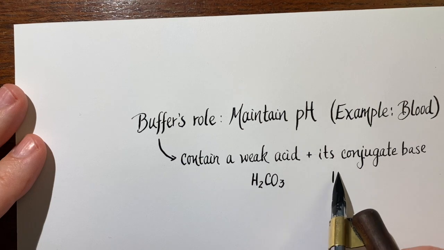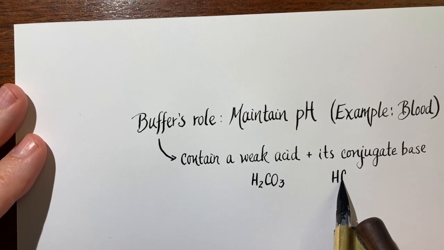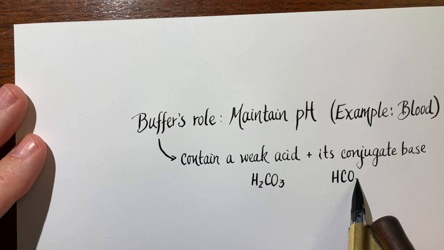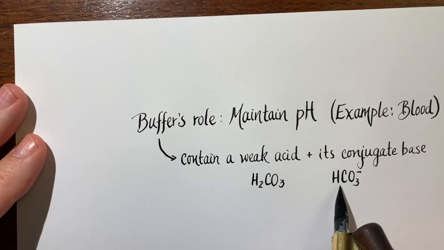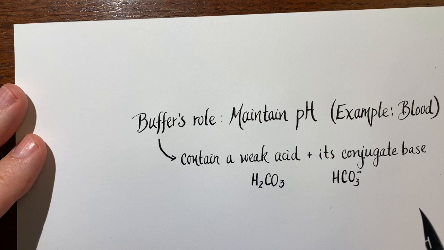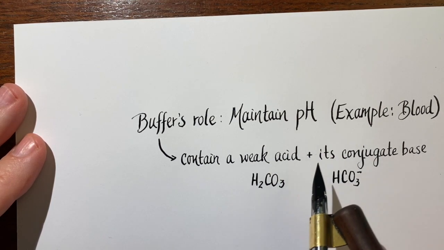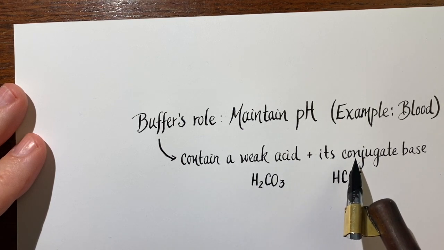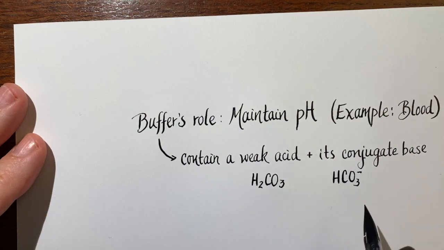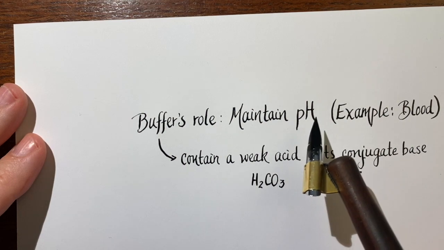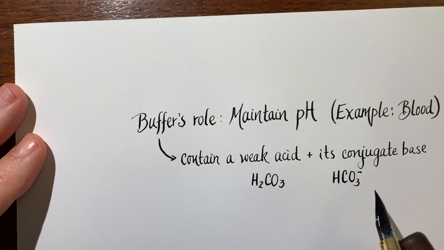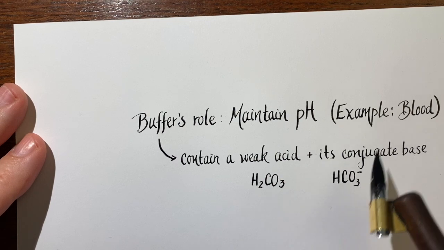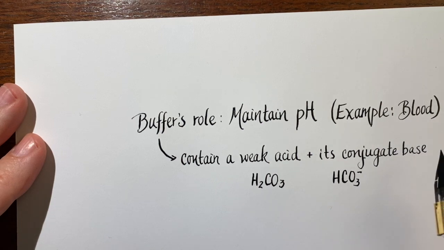So the conjugate base of carbonic acid would be bicarbonate. Okay, so here's just one example. And oftentimes this combination, it is in a very specific ratio, and it depends on the pH that you're interested in.